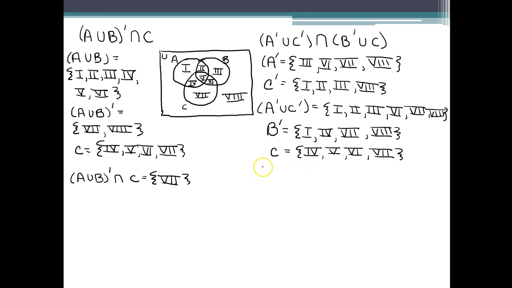And then to do B complement union C, I'm taking everything from B complement, everything from C, putting it together. 1, 4, 5, 6, 7, and 8.